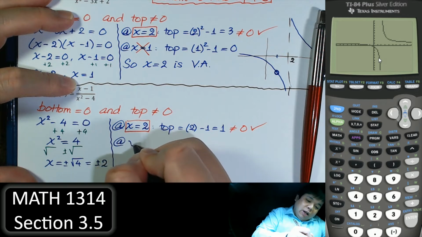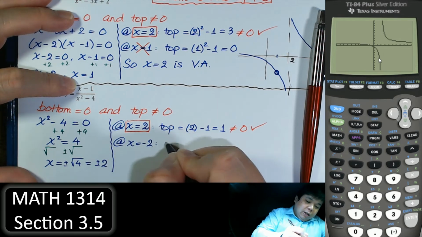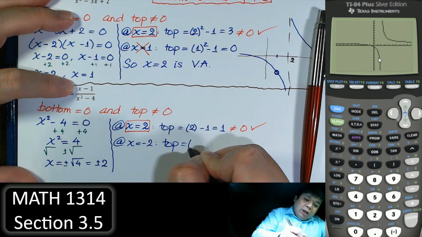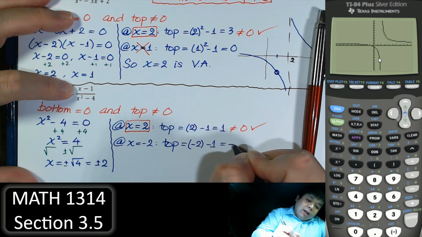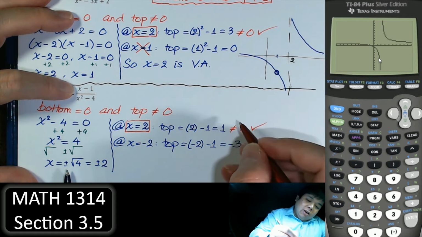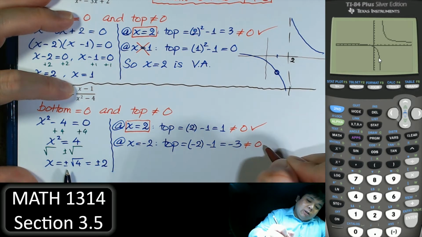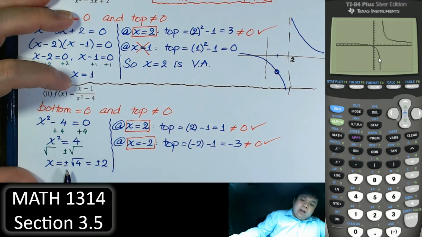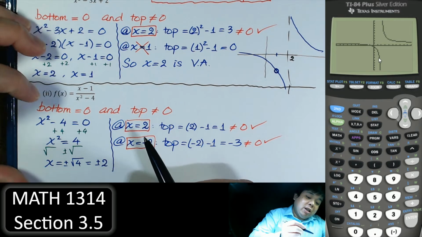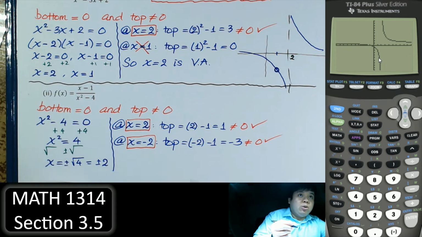When x equal to negative 2, we put negative 2 in for x in the top. And that is negative 3, and that is not equal to 0, which is also good. So we have another vertical asymptote. So we have two vertical asymptotes in this case, x equal to 2 and x equal to negative 2.